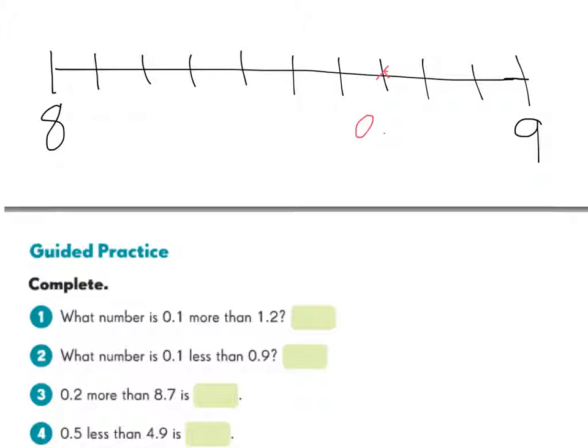This is 8.7, 8 7/10. Let me fix that decimal point. And we're looking for 2/10 more than 8 7/10. So we're going to add 1/10 and 2/10. We have 8 9/10. So that is how we do the problems of finding more than or less than.